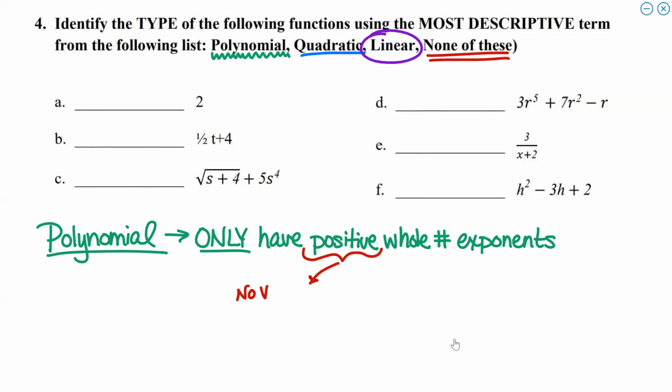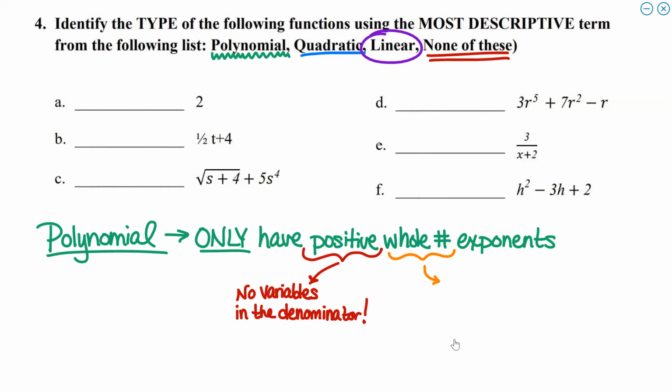So no variables in the denominator of any fractions. Whole numbers: most of the time, we don't see anything except whole numbers used as exponents.